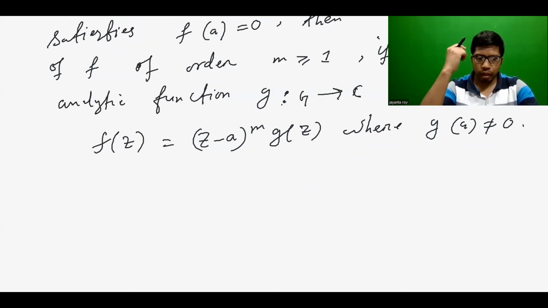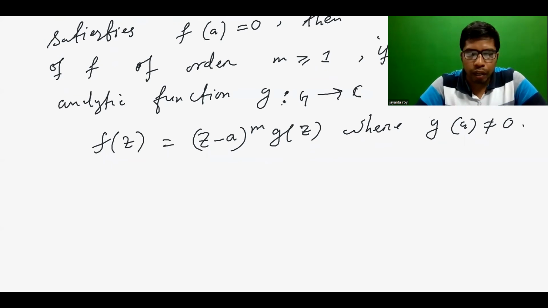Okay, so these are the zeros of an analytic function. Now we give another definition.